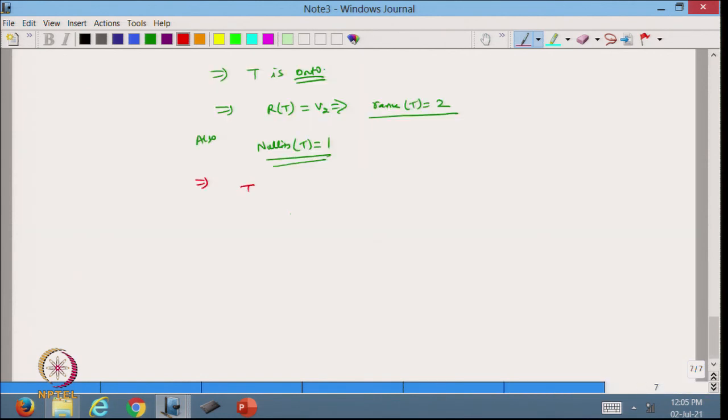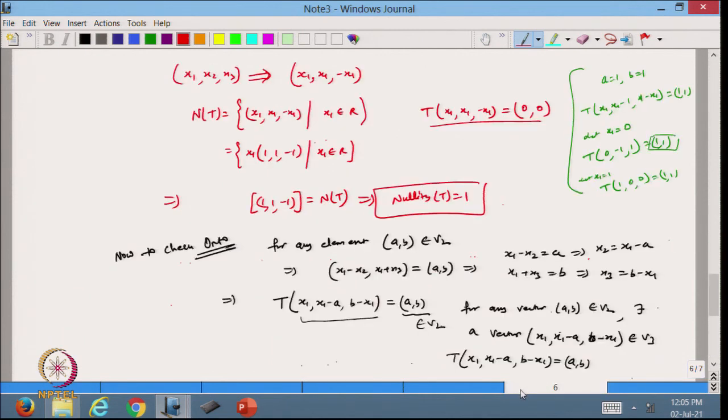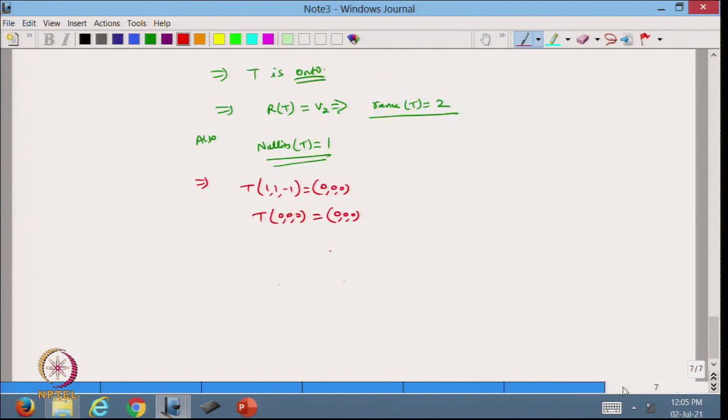You can check that the element (1, 1, minus 1) maps to the element (0, 0), and also we know that the (0, 0, 0) element will map to the (0, 0) element. That is the property of a linear transformation. So, two different elements are mapping to the same element in this case. So, I can say that T is not one-one. So, T is onto, but not one-one.